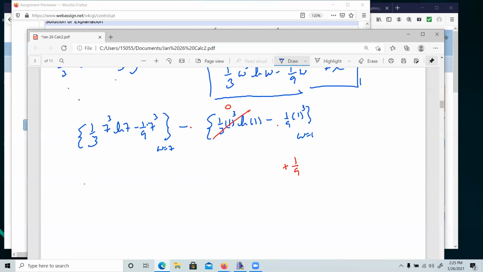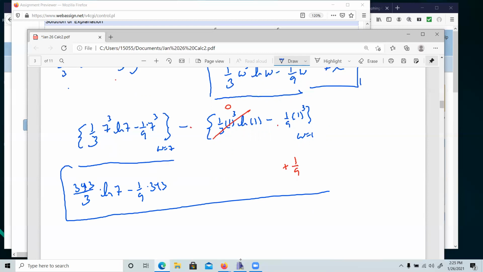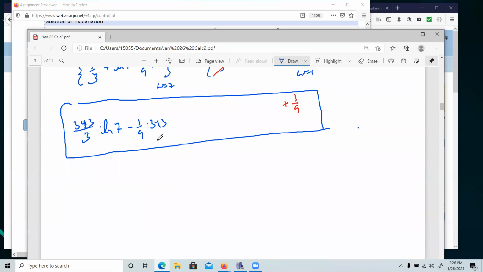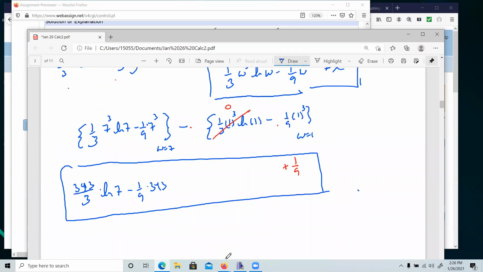Okay, so this was 1/3, 343 over 3, natural log of 7, minus 1/9 times 343, plus a 9th. I'm sure you guys can put that in a calculator and evaluate, okay, and then work it from there. Okay, so that is not too bad of a problem there.